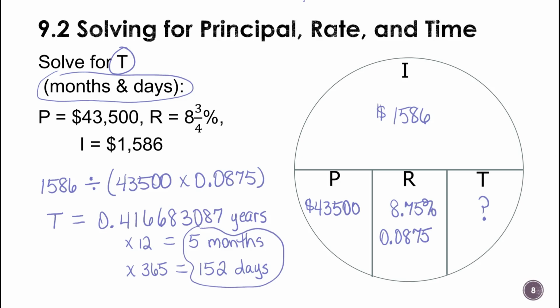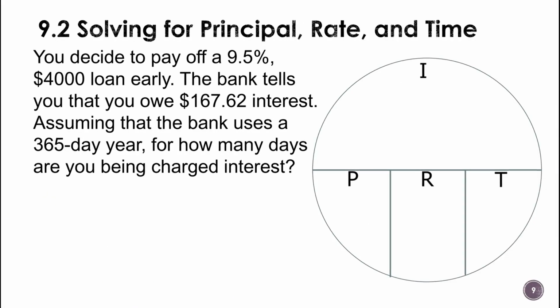All right, and then the next example, I have this one written out a little bit differently. As you can see, it's in a word problem form, which is probably more normal for the kind of questions that we do in this class. It says you decide to pay off a 9.5% $4,000 loan early. So we know the rate, 9.5% as a decimal, 0.095.